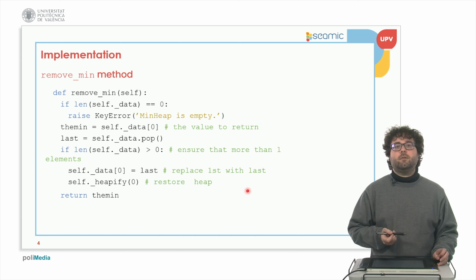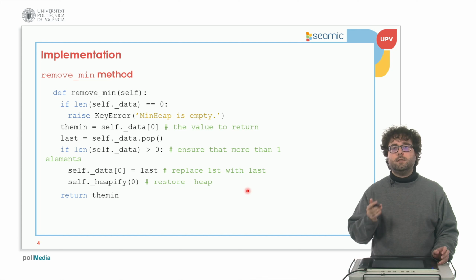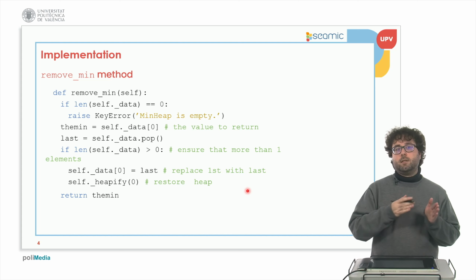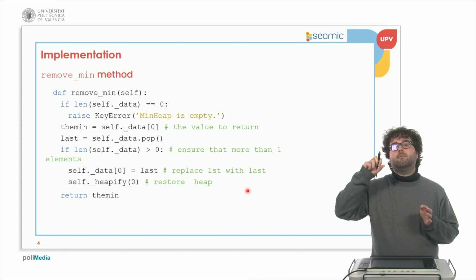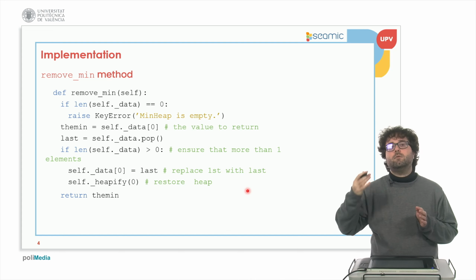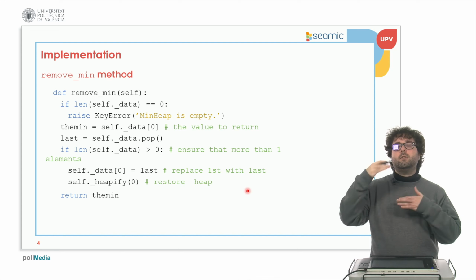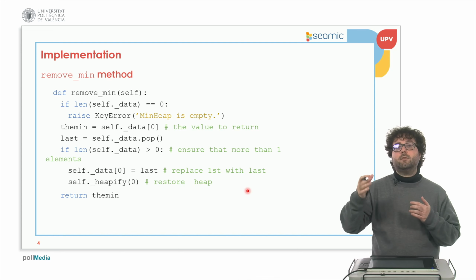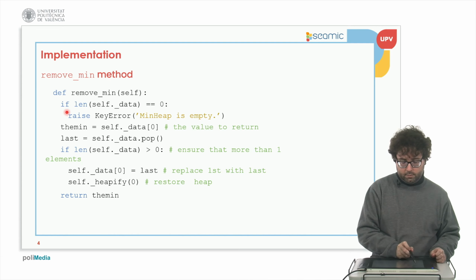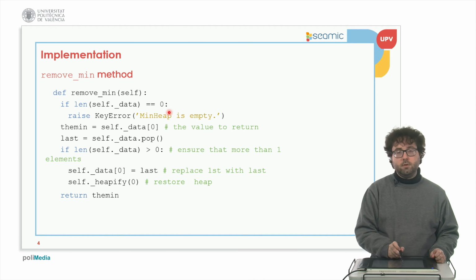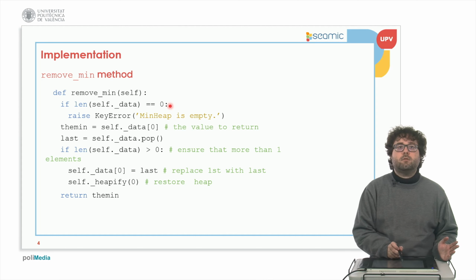The next method we are going to implement is removing the min. Remember that removing the minimum value is not only getting the value out of the heap, but we also need to heapify from that position. More precisely, what we do is first ensure that the heap is not empty.